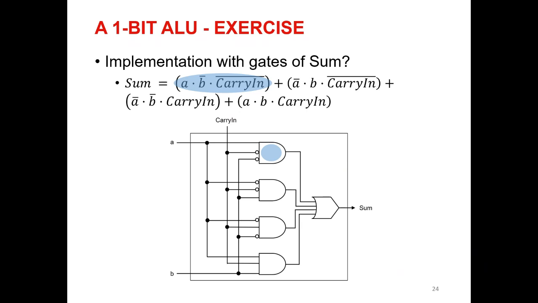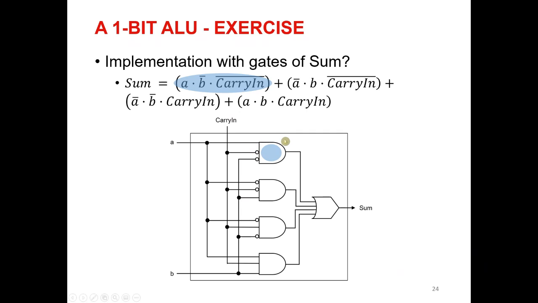Okay, so as I was mentioning, this part of the equation is happening here in this AND gate. We have the carry in negated, we have the signal A, and we also have the B from here negated also. Remember, the bubbles are used to represent inverters, the NOT gates.